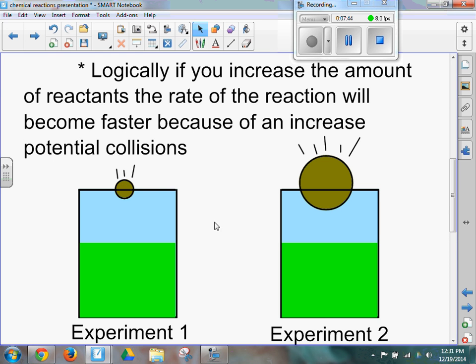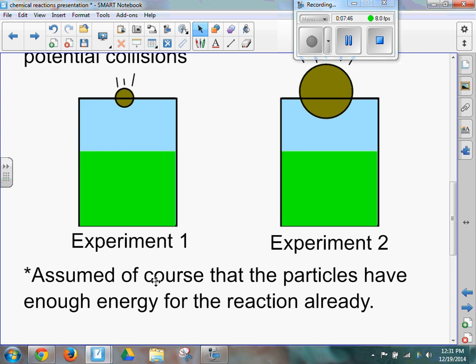Now, there's not a real problem with this, but this assumes, of course, that the particles have enough energy for the reaction already. So this is assuming that these particles are already moving fast enough that the reaction will occur the way we need it to occur.